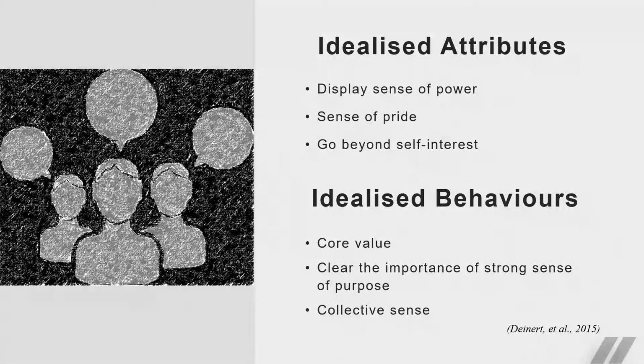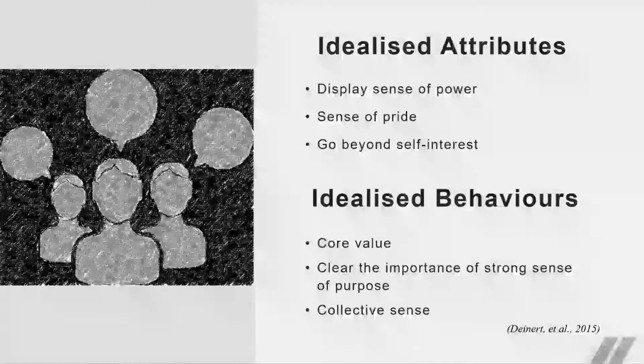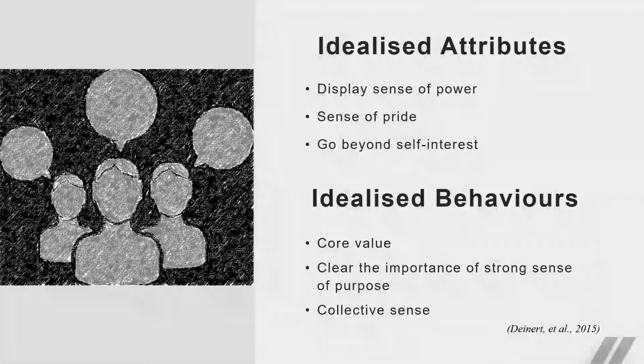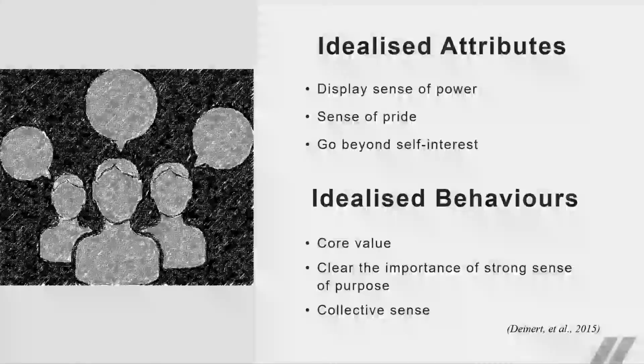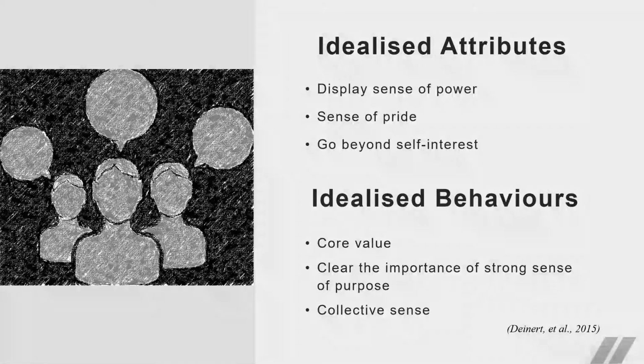As a transformational leader, it is necessary to make clear the importance of a strong sense of purpose. It is the central idea to achieve success. Once everyone in the business shares the same goal, the collective sense would appear, which further encourages employees and leaders to behave in a better way.